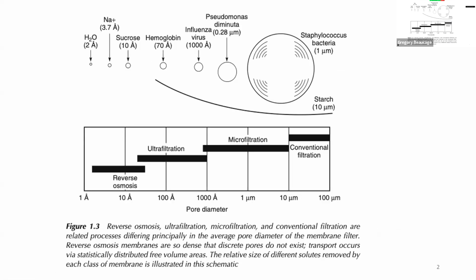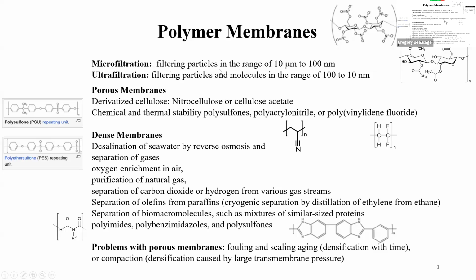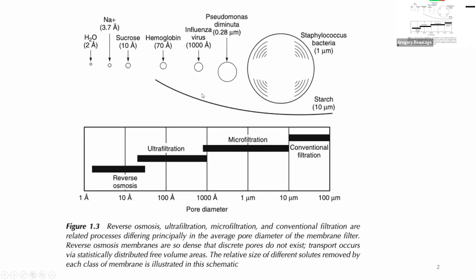This is just showing like you can look at this just as a list, or you can say like, what are you separating? So it's reverse osmosis, you're looking at salt and water you're separating. And then these are all biologically oriented, but basically conventional filtration and microfiltration are things like some kind of purification of a product.